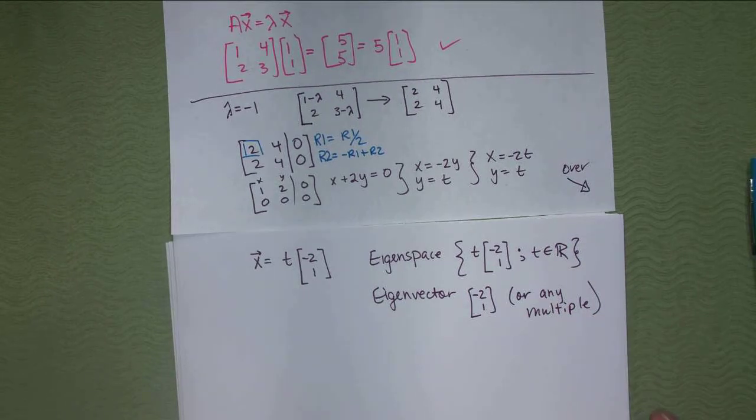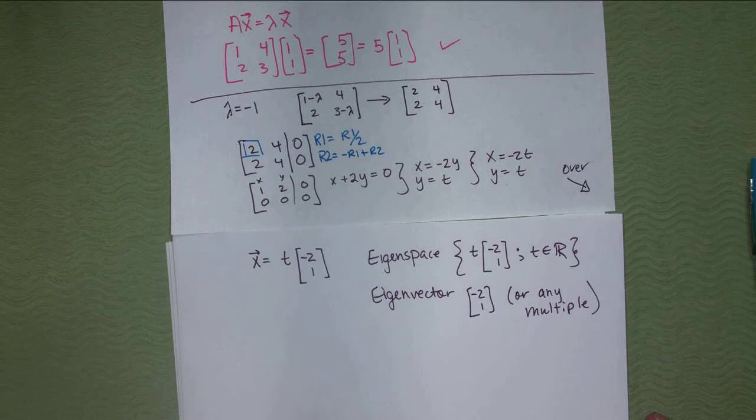In fact, if I end up with fractions in my eigenspace, I will just use a multiple. Like if there was a 1/2 in it, I would multiply it by 2 to get rid of the fraction, because we're going to have to use these for something else after, and it's better if they don't have fractions in them. So you can use a better vector in the space if you want. You don't have to use that one.